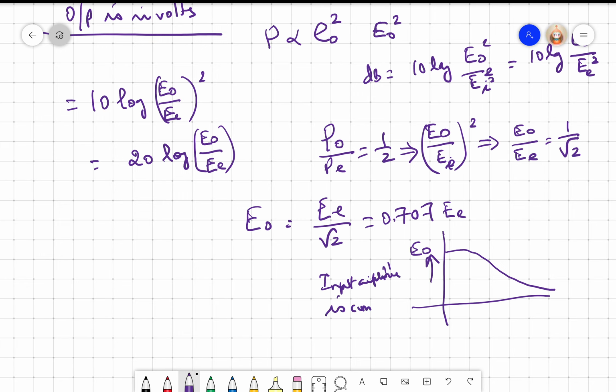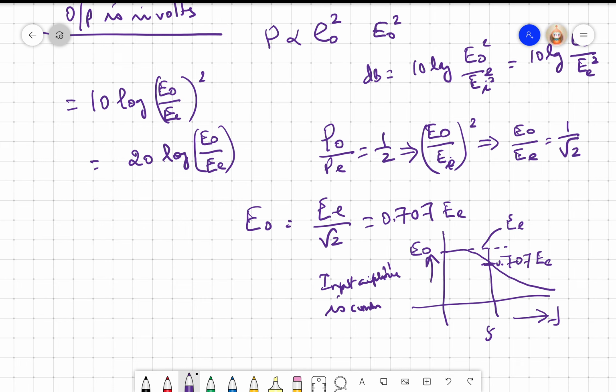With that, if I look at the frequency, I have Fc, so this would be 0.707 times E expected. So this is E expected.